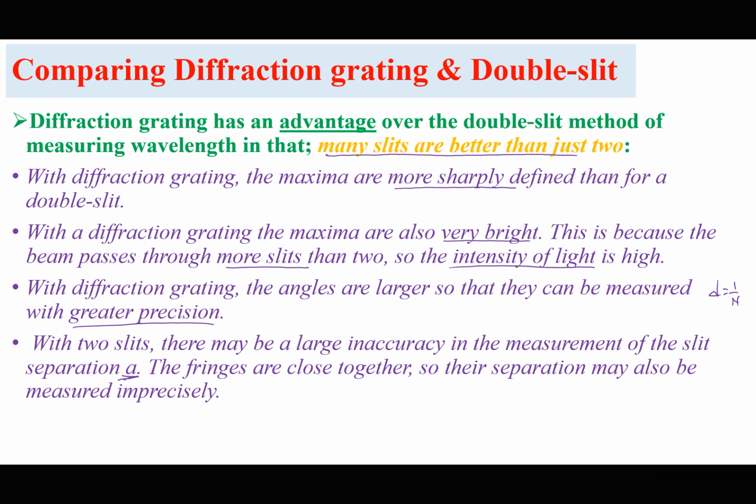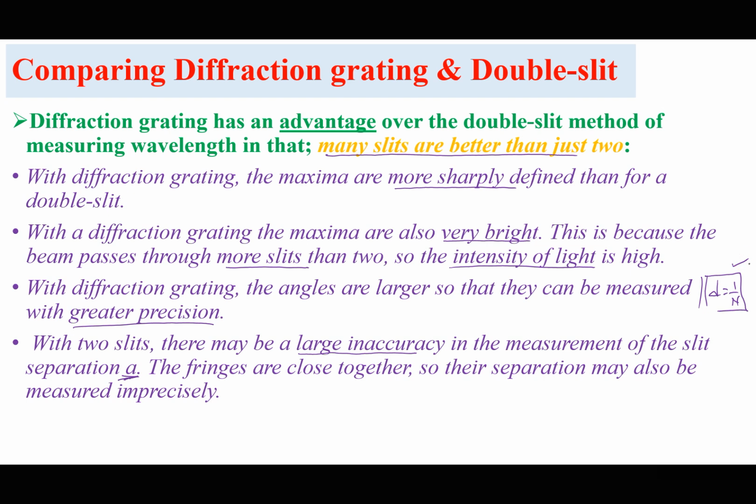So because a is very small, it is hard to measure. So with two slits, there may be a large inaccuracy in the measurement of the slit separation a. The fringes are close together, so their separation may also be measured imprecisely. Yet for a diffraction grating, if we know that in 1 meter there are n lines or n slits, the slit separation can be just got from 1 over n.